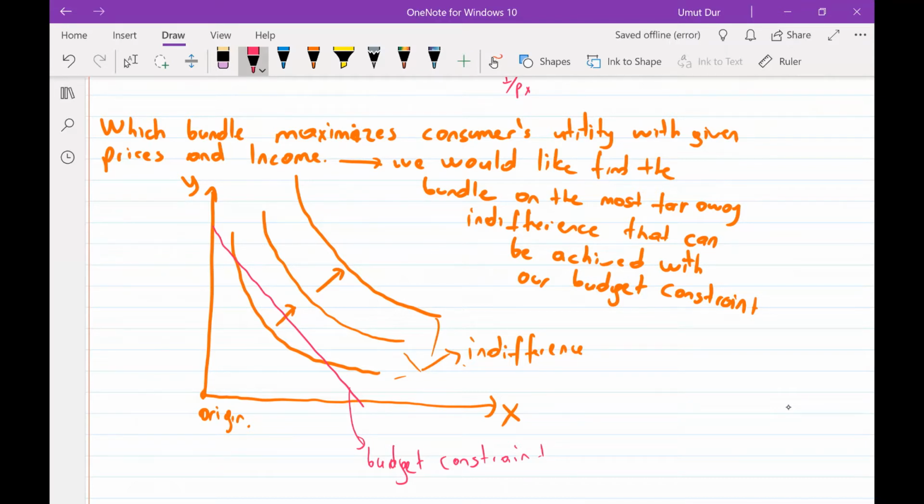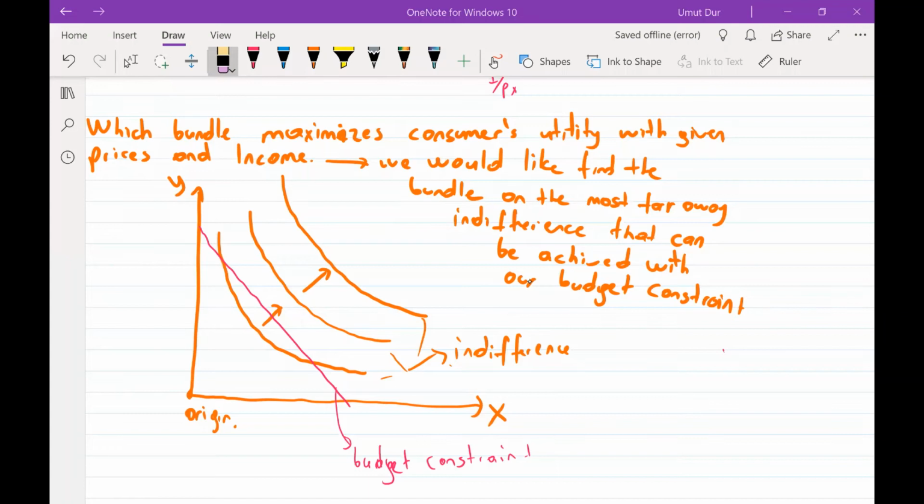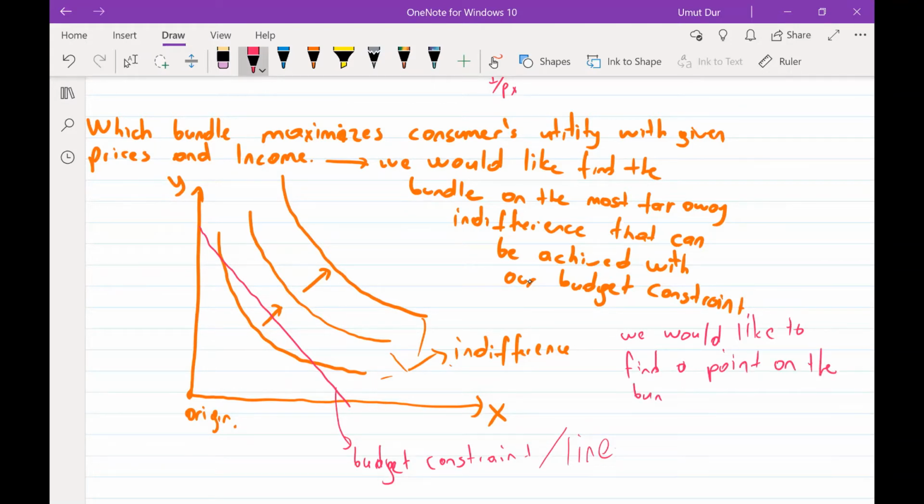What we would like to do is find a point on this budget line which intersects with the uppermost indifference curve.